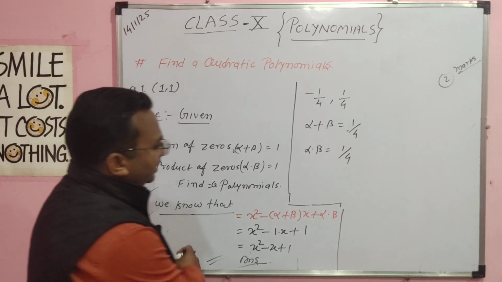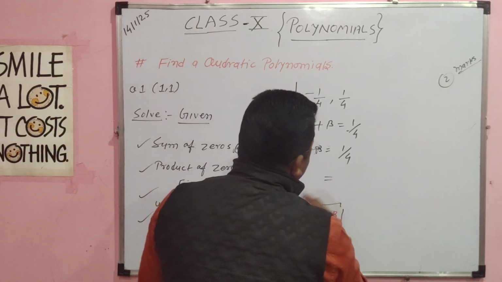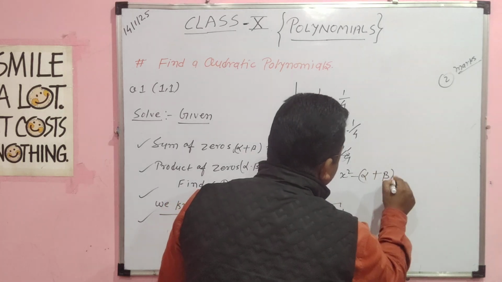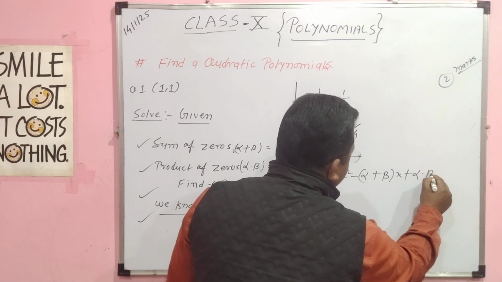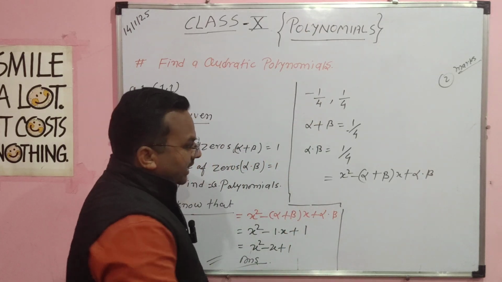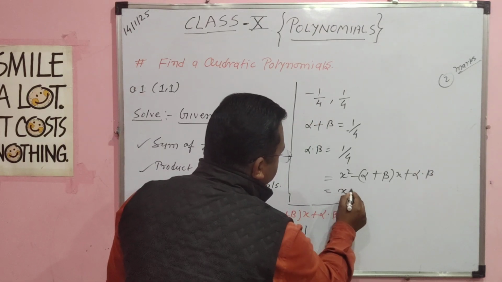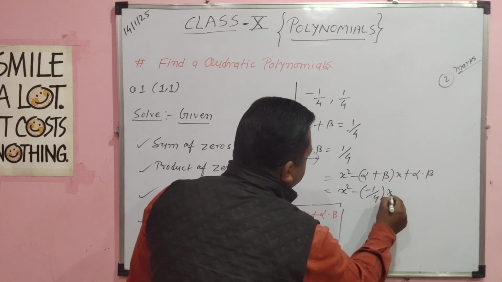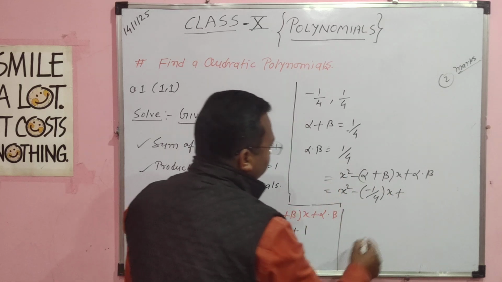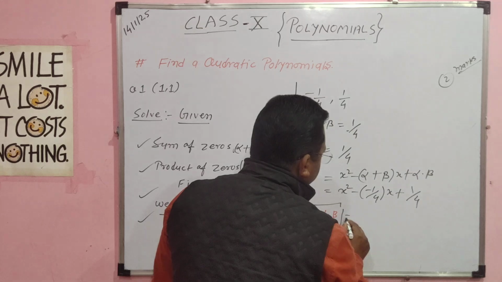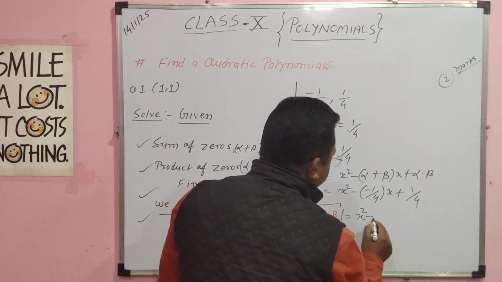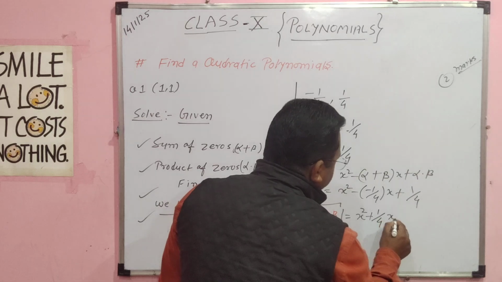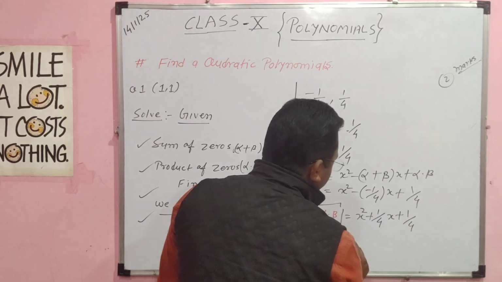The formula is x square minus alpha plus beta x plus alpha into beta. Clear? Alpha plus beta is minus 1 by 4, and alpha into beta is 1 by 4. So our solution is x square plus 1 by 4 x plus 1 by 4.